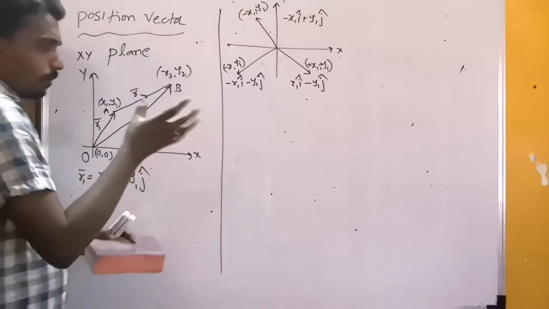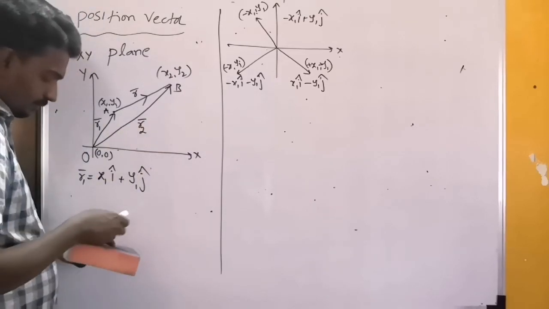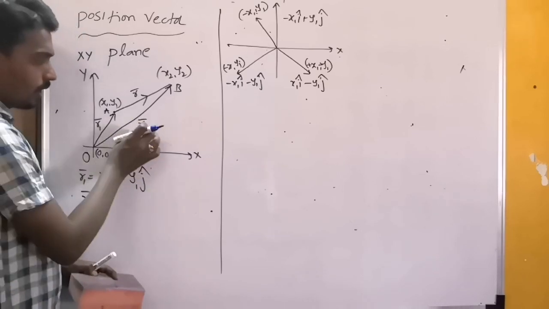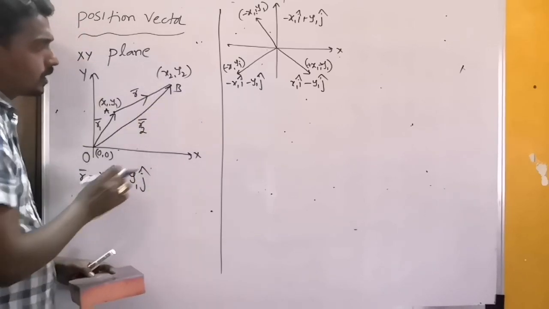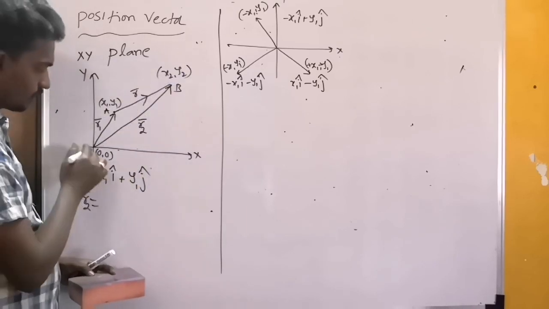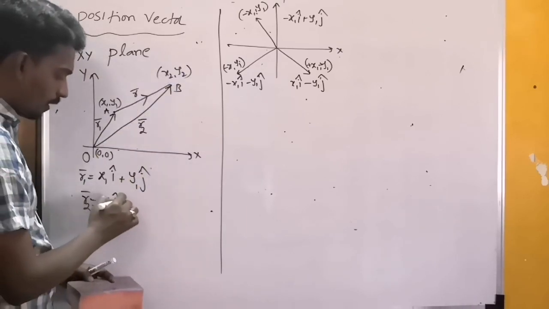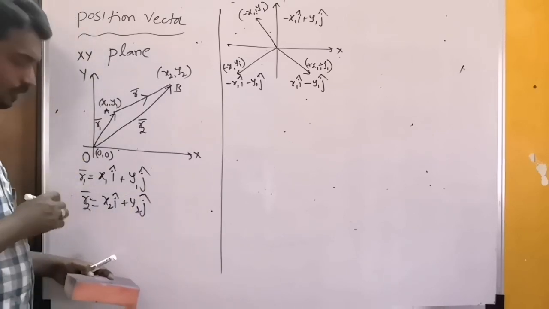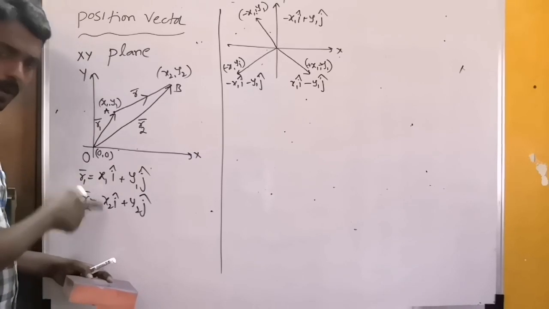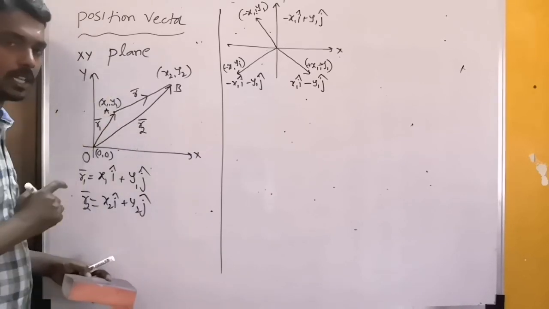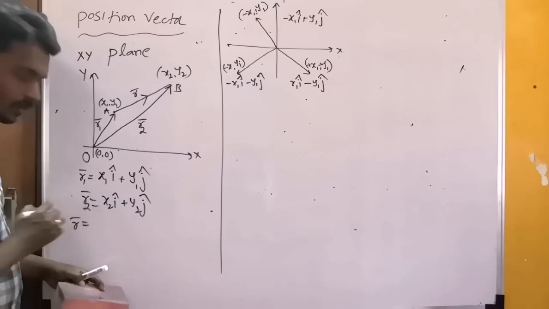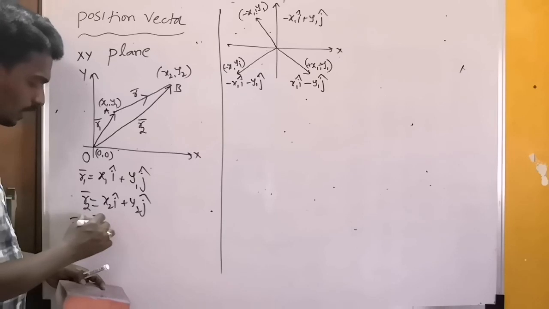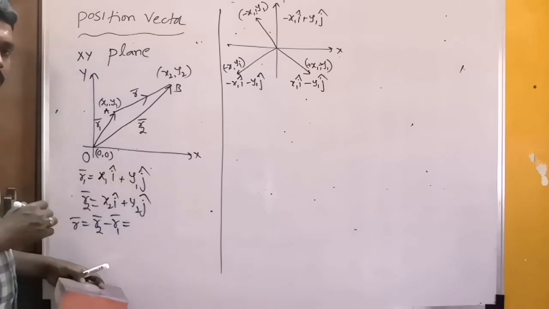See, but before that, what is R2 bar? R2 bar is the final position. Final position means x2, y2, so x2 i cap plus y2 j cap. Now this is the initial position, this is the final position, and this is the displacement, R bar. Displacement is nothing but final position minus initial position.